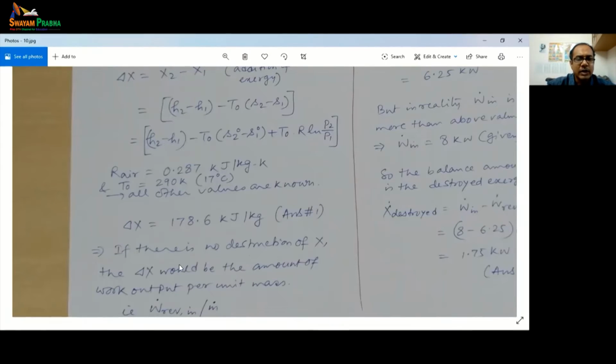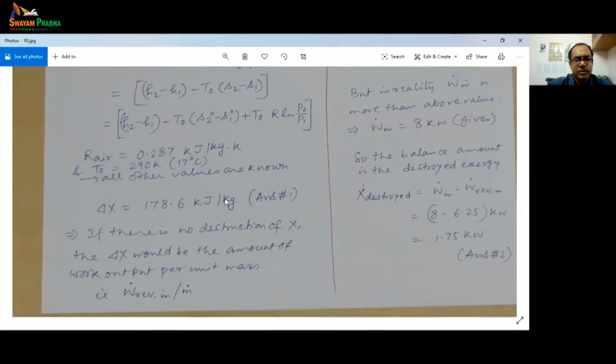Now if there is no destruction of exergy, that means if it's a reversible process, then the delta X would be the amount of work per unit mass, right? Exergy is the work potential. If nothing is lost, then the whole delta X will be available as work per unit mass.